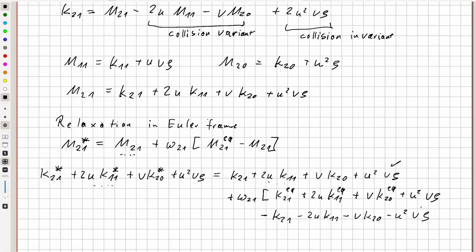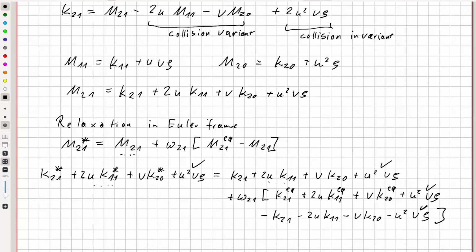So this part you can get rid of, right? It's also on the other side. So I can cancel this against this, and I can cancel this against this. Now almost everything can be cancelled.